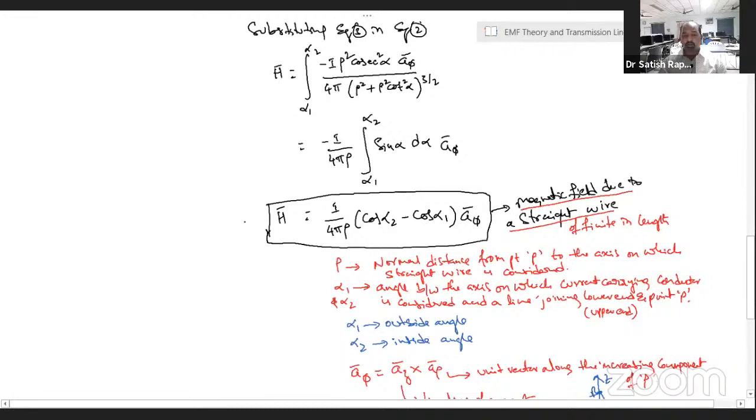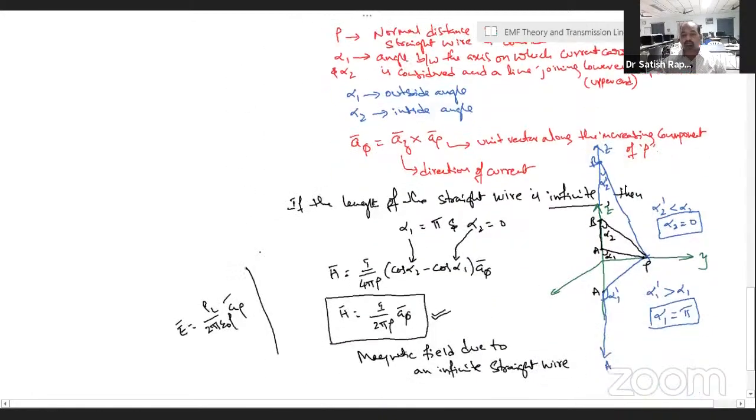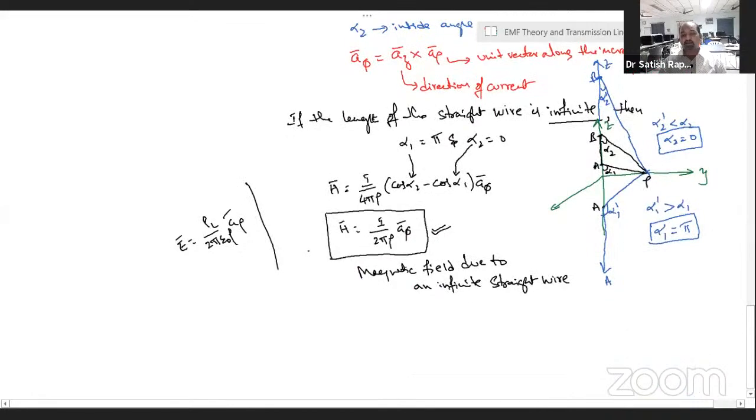This is the expression for magnetic field due to a straight wire finite in length, and this is the magnetic field due to a straight wire infinite in length.